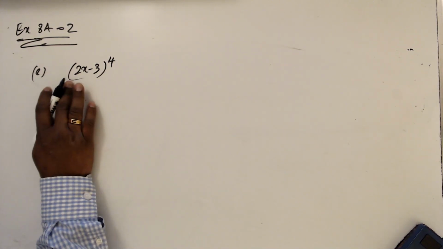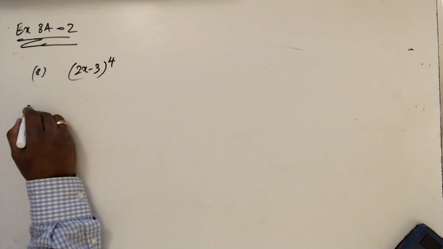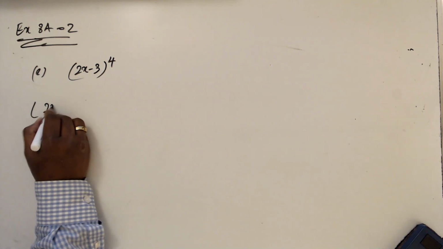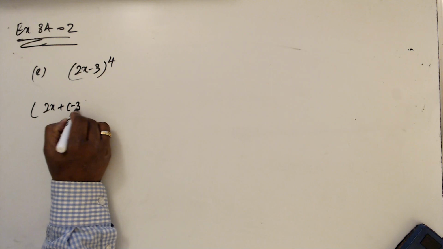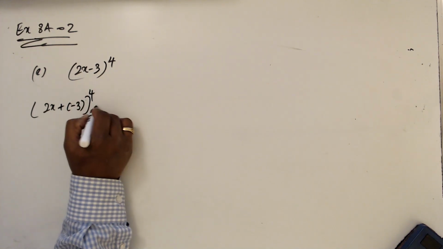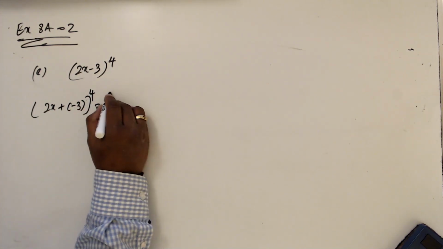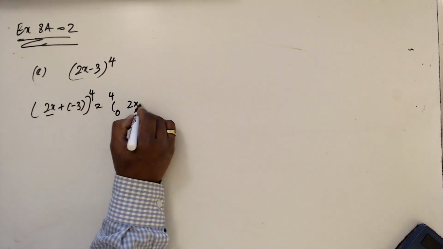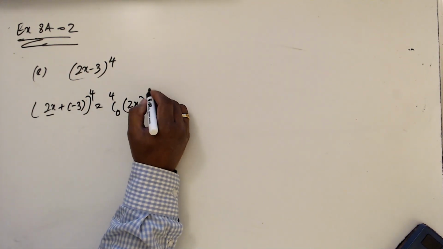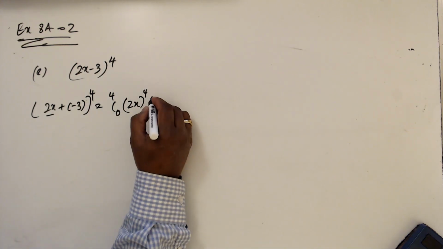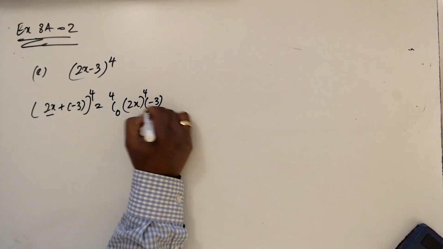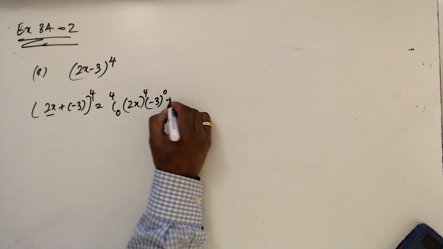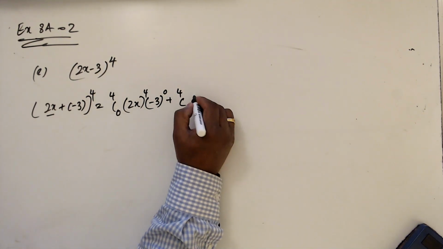So I can't put the binomial here, then I have to rewrite this one. 2x plus minus 3 to the power 4. Now we start with 4C0. This term 2x to the power 4 and minus 3 to the 0. Then 4C1.